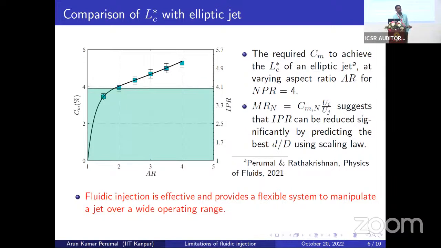This is one of the key challenges in fluidic injection system implementation. We haven't worked on it, but people are working on system implementation. But what I can argue here is that the parameters we have used for fluidic injection are primarily on the metrics of mixing. We haven't taken into account the energy supplied to it, because you need energy for it. That we have actually worked on and submitted.